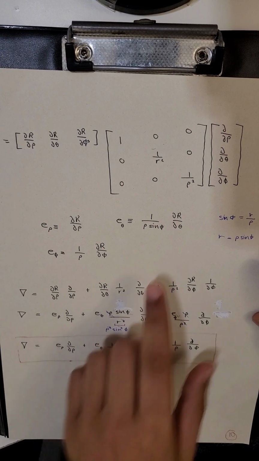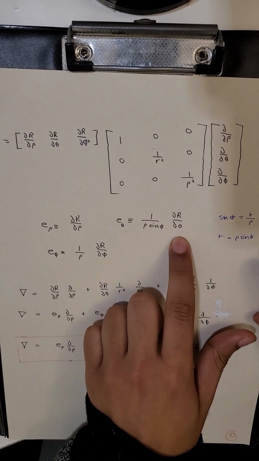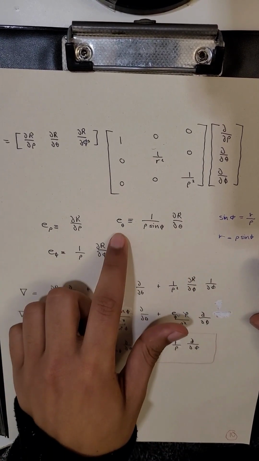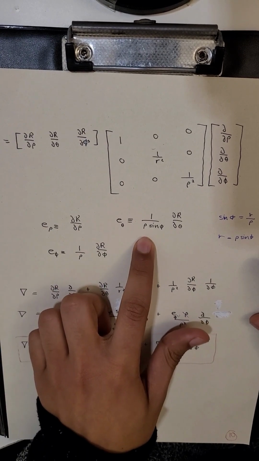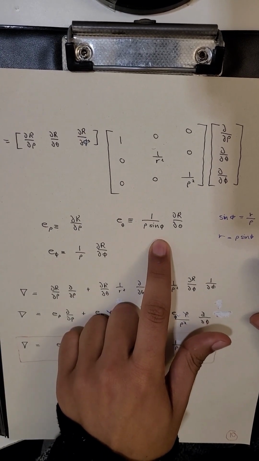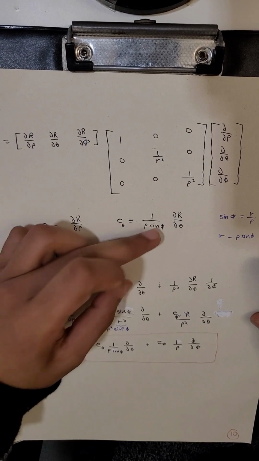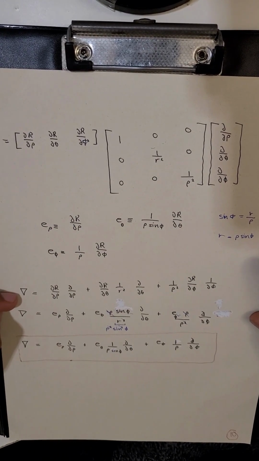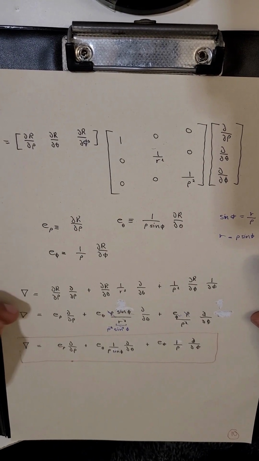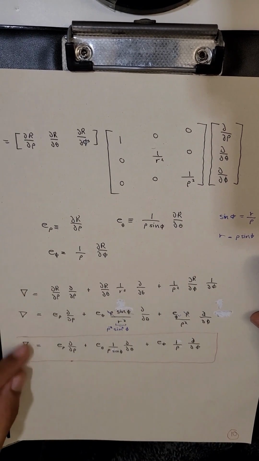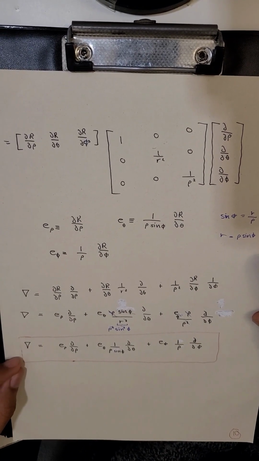So partial r partial theta is going to be equal to e theta multiplied by rho sine phi. So all I did is basically plug them in, and you can evaluate and you eventually get down to this.